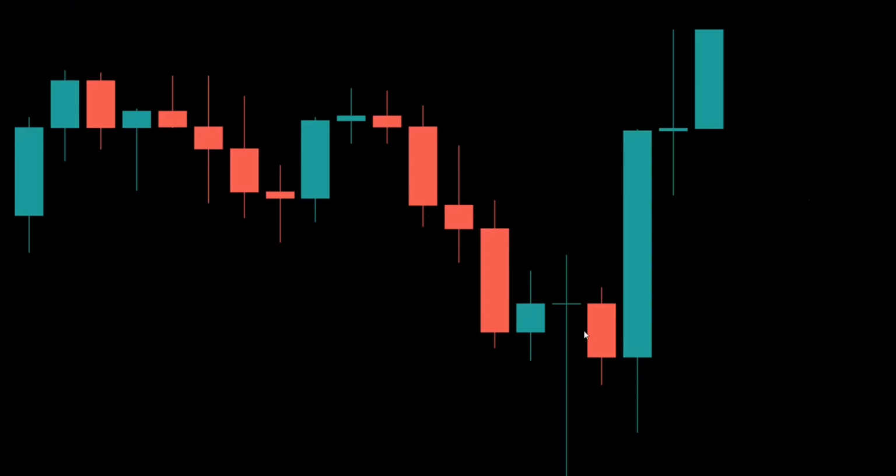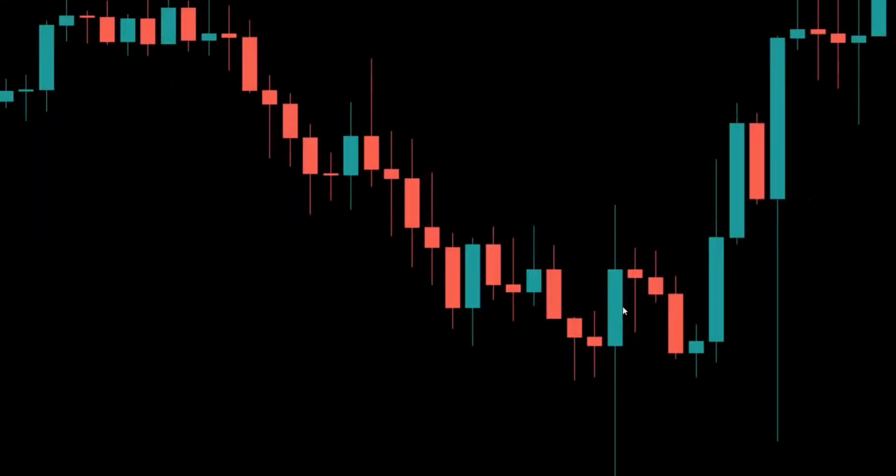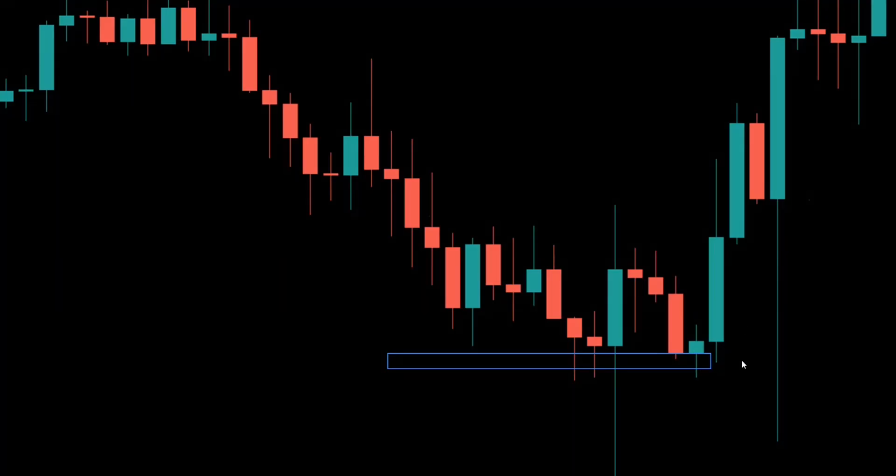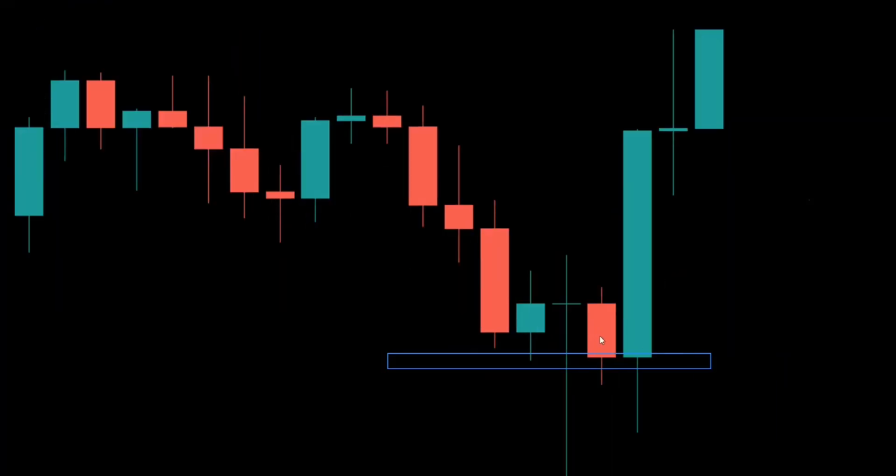So what I'm going to do is mark this candle down as 1. Just take a mental note of this candle as 1, and that candle ended right over here. This was the close of the 1 hour candle. So if we draw a support, the 15-minute candle closed bullish, even though the 1 hour candle closed bearish.